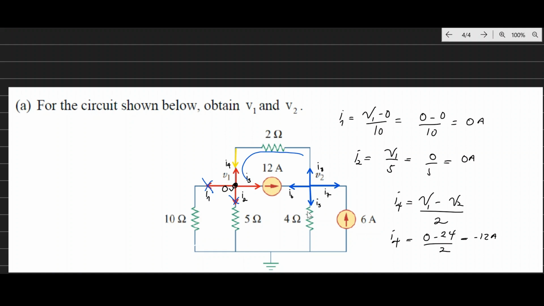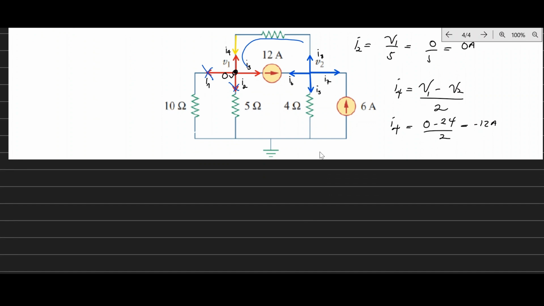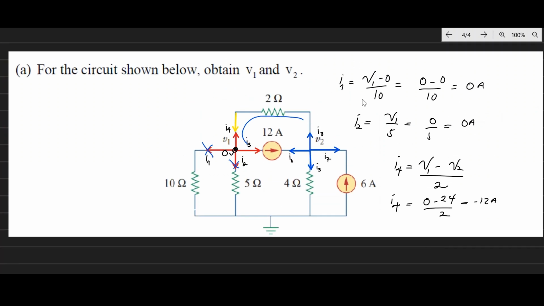And then what about I5? If you notice, what did we say about I5? Let me just clear this space here.